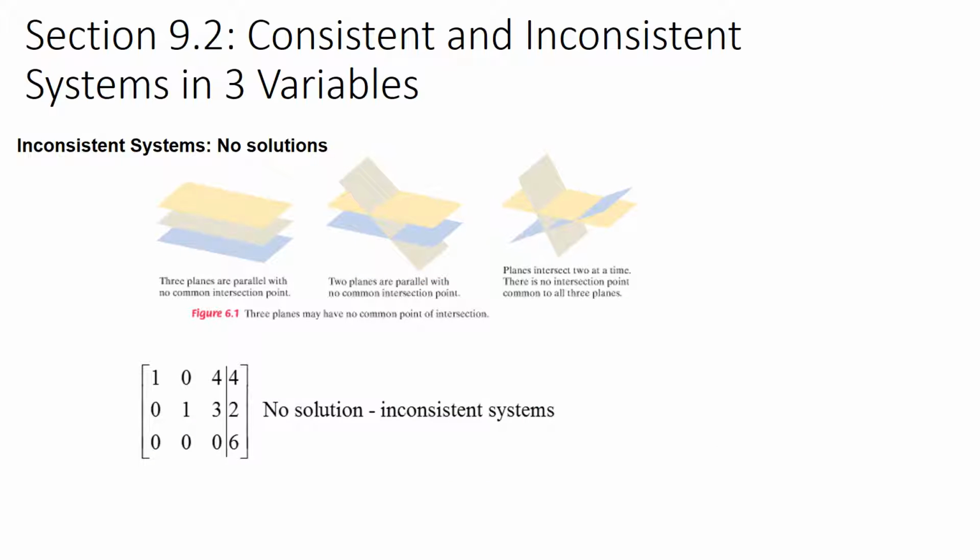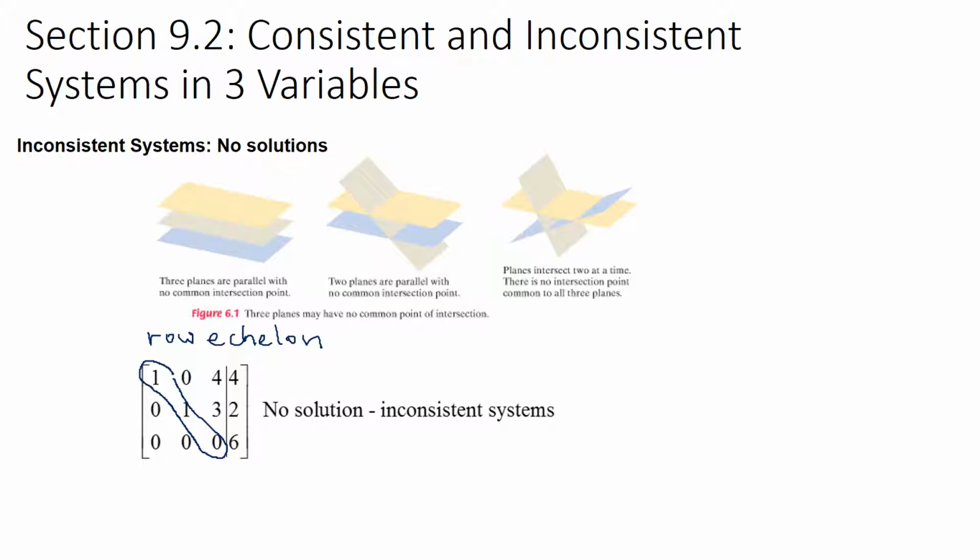So in section 9.2, we want to use matrices to identify whether we're dealing with an inconsistent system or a consistent system when we're talking about a system of equations in three variables. So first of all, looking at the matrix for a system of equations, you can see that according to Gaussian elimination, we should have ones across the diagonal because that's the row echelon form.